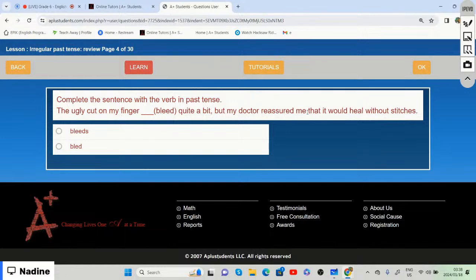The ugly cut on my finger, do we say bleeds or bled quite a bit? But my doctor reassured me that it would heal without stitches. So the ugly cut on my finger bleeds or bled quite a bit, but my doctor reassured me that it would heal without stitches.